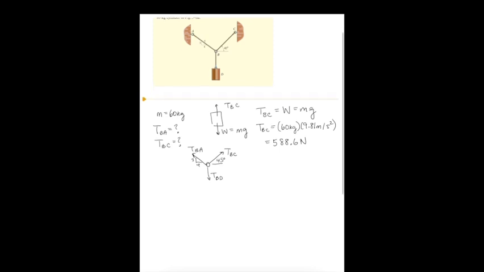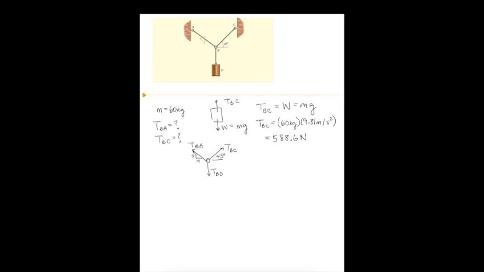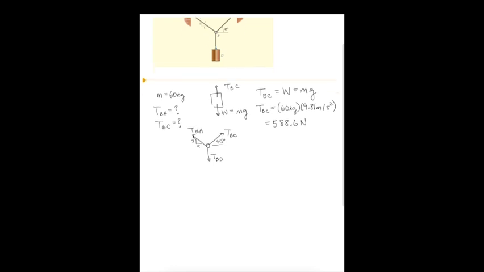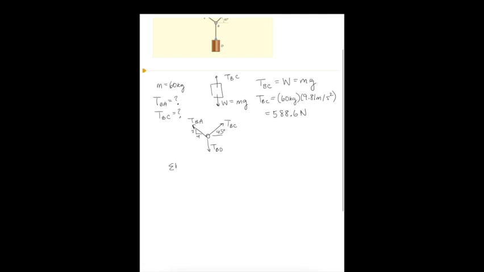So, as we're going to do in most problems, we're going to start by setting the sum of forces equal to 0. So, the sum of the forces in the x direction is equal to 0. I'm showing that positive is defined as going to the right. So if I see that the force points to the right, it'll be positive.